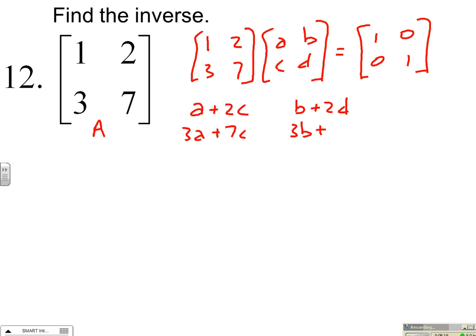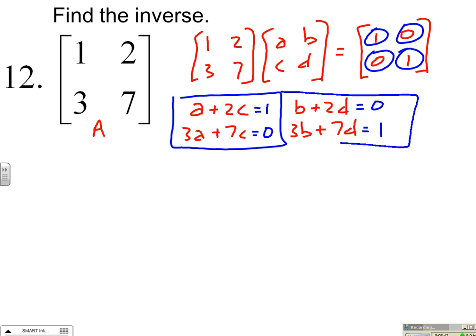And what do I know about those values? I know this guy has to equal 1. I know this guy has to equal 0. And I know this guy has to equal 0. And I know this guy has to equal 1. And then I've got two different 2 by 2 systems, and then we can solve each of those through elimination.